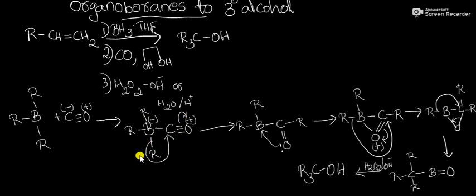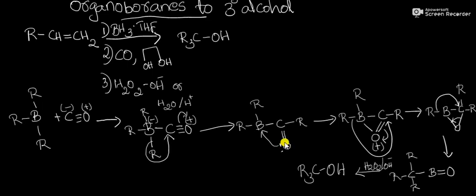When this R group migrates to this carbon, the triple bond shifts to this oxygen, and this is our CC migration reaction, and we get R2B C double bond O R. The R group shifts to this carbon.